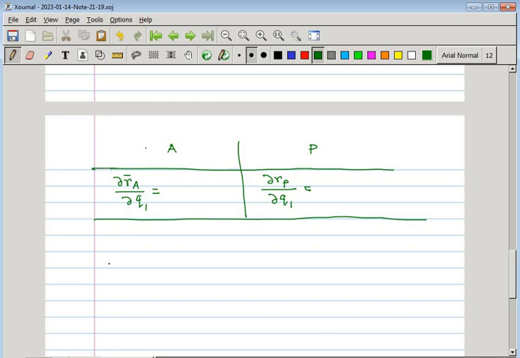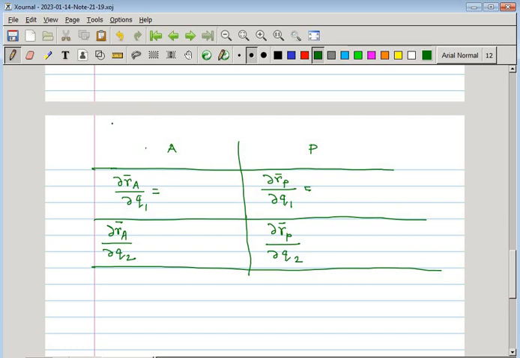And the second row is del RA/del Q2 and del RP/del Q2.